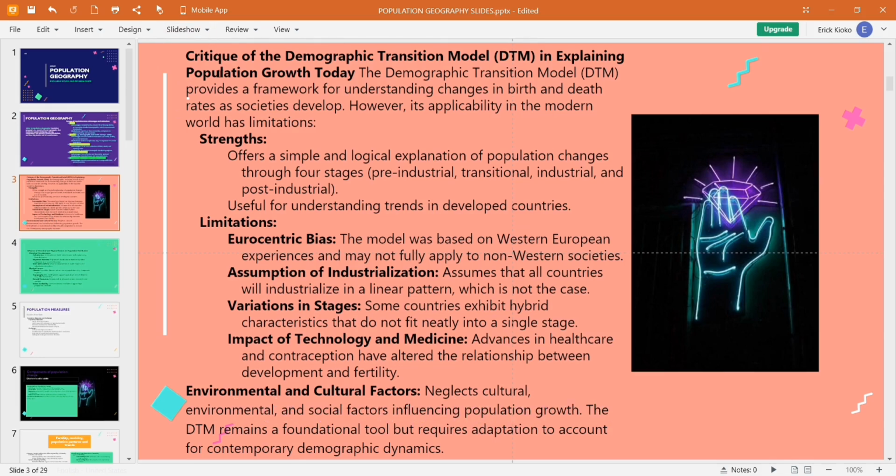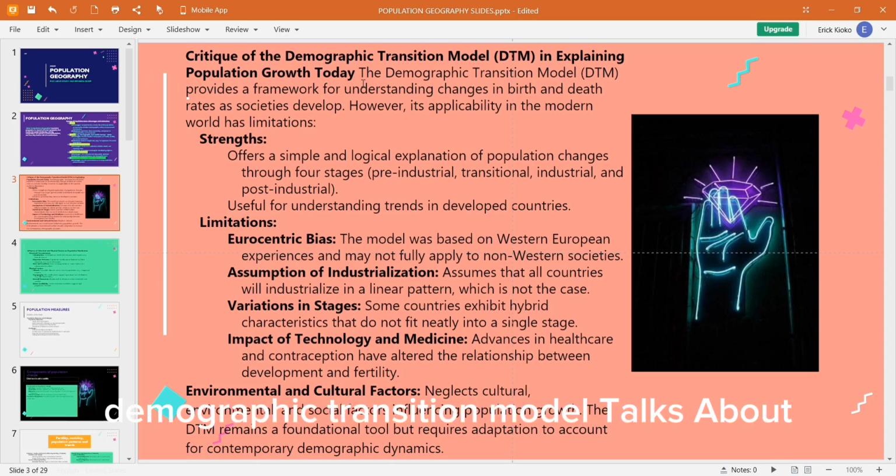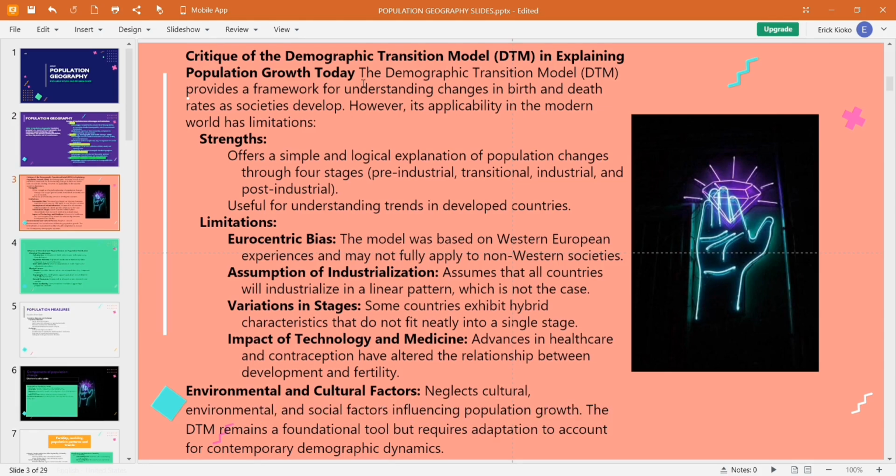A critique of the demographic transition model, DTM, in explaining population growth today. We know the demographic transition model talks about the transition of a country from being poor to fully developed, and it looks at the changes in population which it undergoes as the transition goes on.